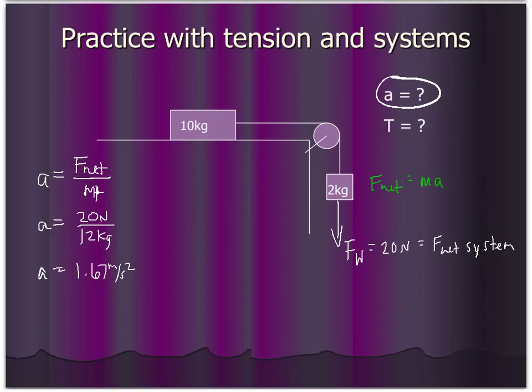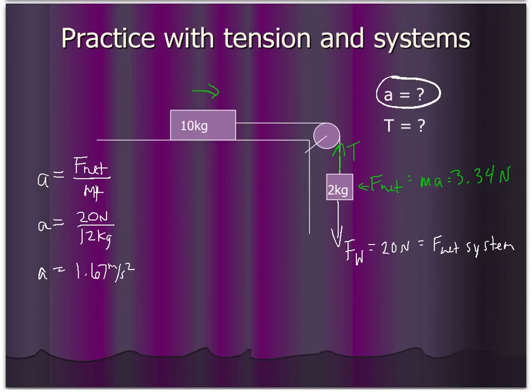So a 2 kilogram mass times 1.67 is going to give me an F net of 3.34 newtons acting just on this 2 kilogram box right here. As gravity pulls this 2 kilogram box downward, and therefore the 10 kilogram box is going to slide this way, it's going to create a tension in that rope.